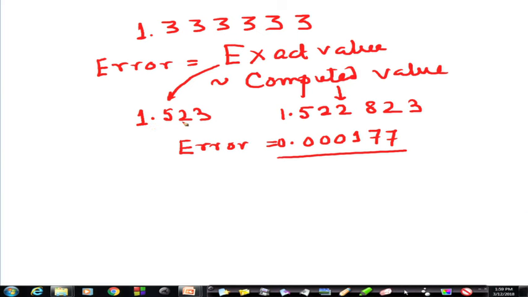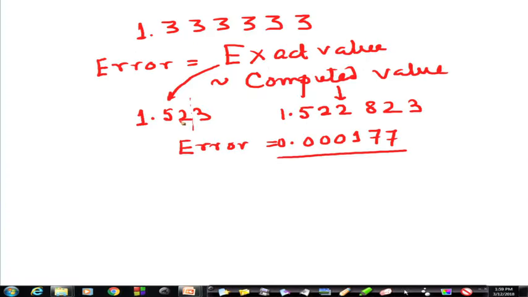That is one type of error. The other type of error is truncation error. Here I have just dropped the remaining digits and kept 1.52 because I could not store more. So, there are two types of errors: truncation error and round off error.